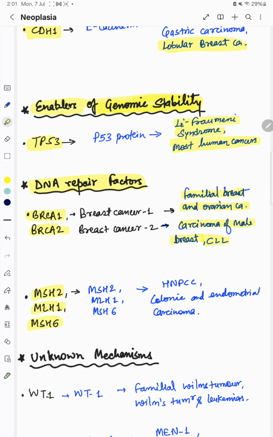They play an important role in mismatch repair or microsatellite instability. We will discuss this in genetics in detail. So they encode the MSH2, MLH1 and MSH6 proteins. Mutation of these genes will result in hereditary non-polyposis colon cancer, HNPCC, colon cancer and some endometrial cancer.